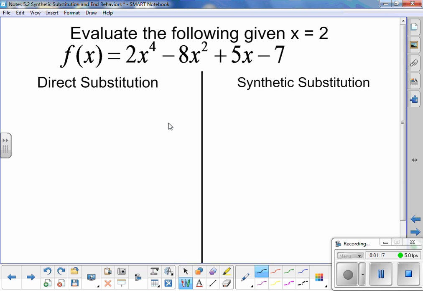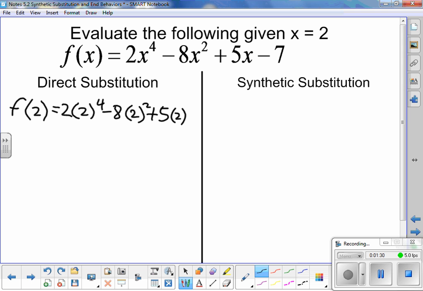So this will be f of 2 equals 2 times 2 to the 4th minus 8 times 2 squared plus 5 times 2 minus 7. Now what this says is, when you plug in a 2, 2 to the 4th is 2 times 2 times 2 times 2, which is 16. 16 times another 2 is 32.